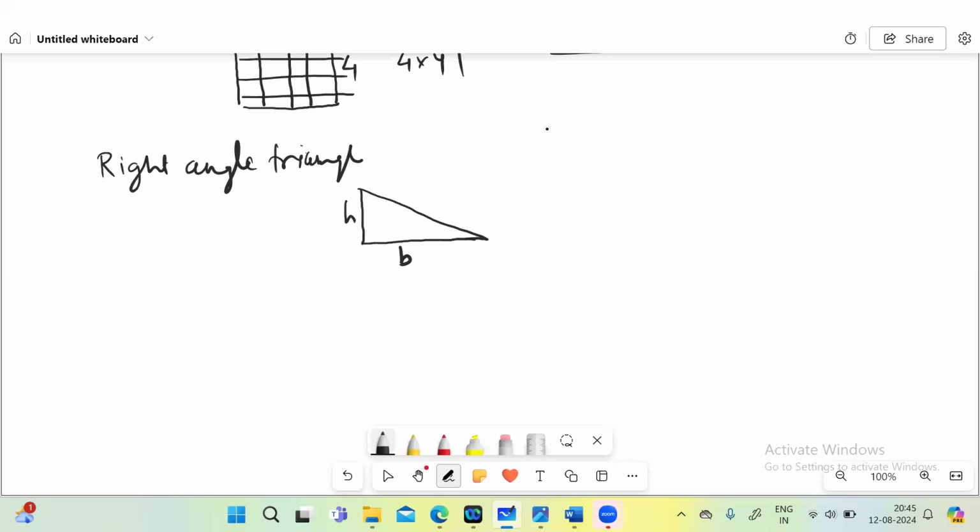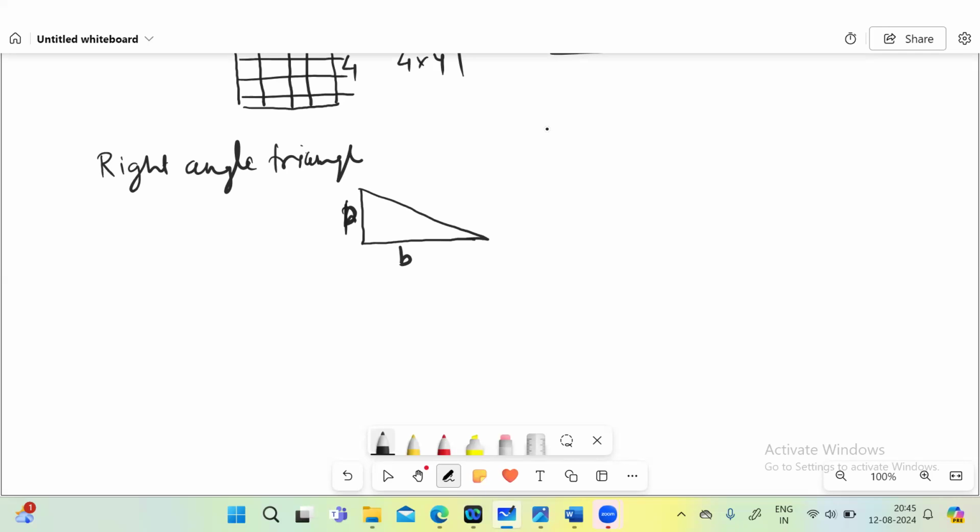Now let's take a right angle triangle. If we have a right angle triangle whose perpendicular sides are given, let's say B and P, how do we calculate the area of this triangle?